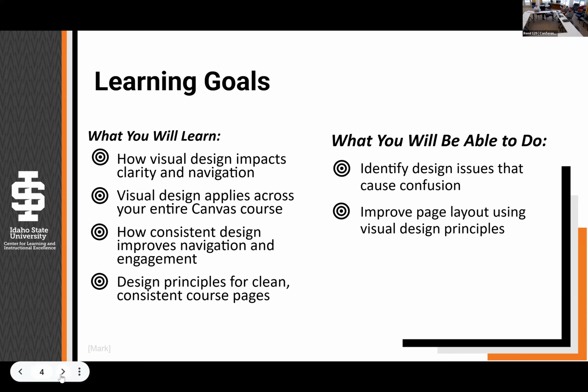And then we're going to talk about some design principles for making your content clean and consistent. And that's really what we're looking for. Later on, we'll talk about a tool that you can use that can kind of bump that up a little bit and make it look a little bit more visually appealing. But ultimately, we want to focus on core principles of clean, consistent design.